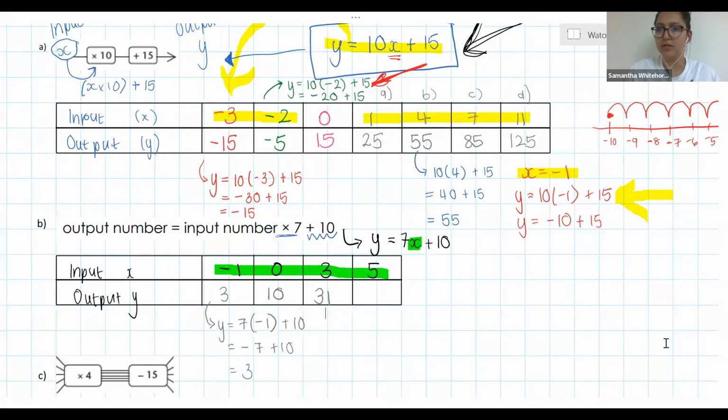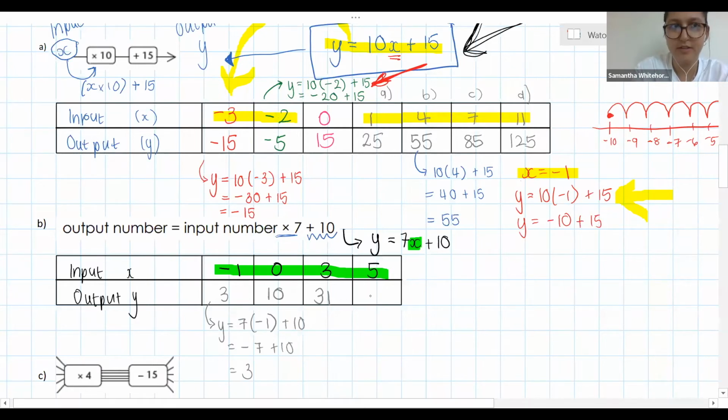Oh, guys, so many hands. This is awesome. Bocello, do you want to tell us the output when our input is 5? Yes, ma'am. Okay, tell me. We're going to say 7 multiplied by 5 is equal to 35.